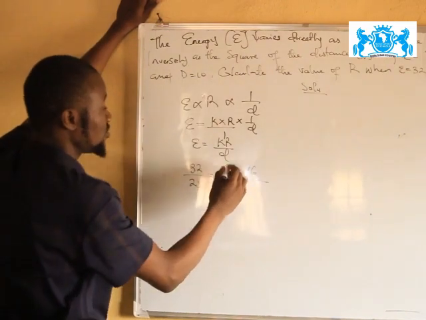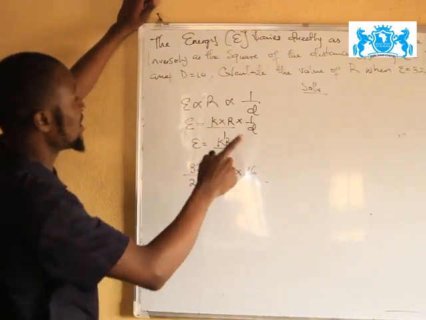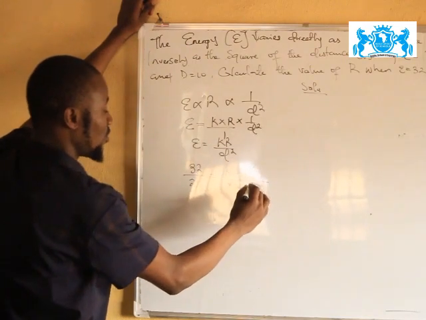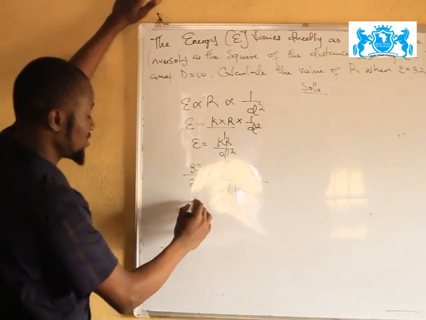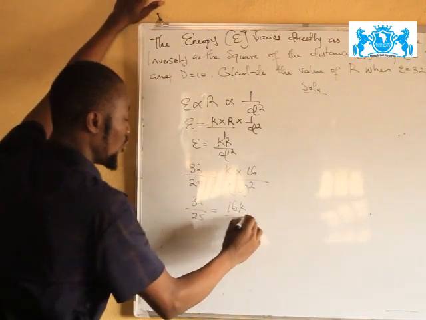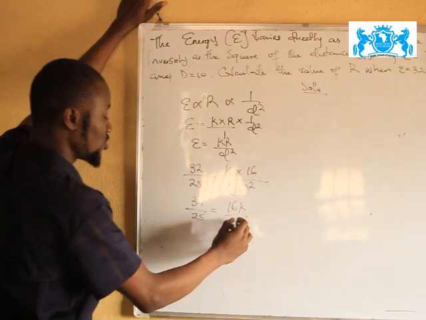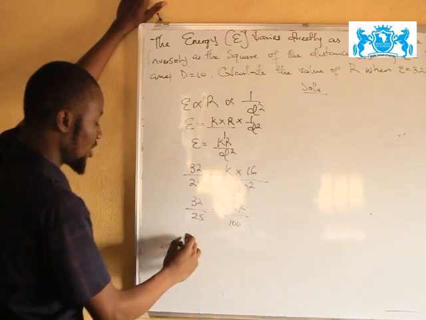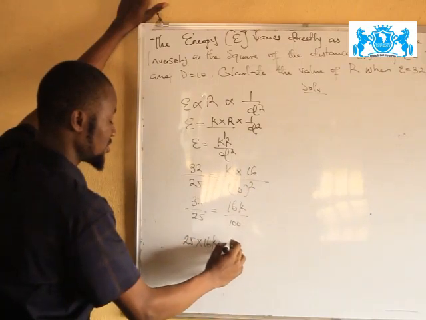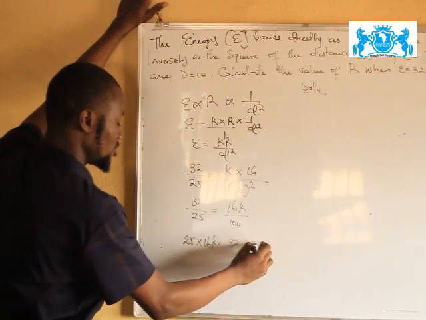Now the question says that if E is 32 over 25, when R is 16 and D is 10, it varies inversely as the square, so there's a square here, so 10 raised to the power of 2. So we have 32 over 25 is equals to 16K all over 10 raised to the power 2, which is 100. So when you cross multiply, you're having 25 times 16K is equals to 32 times 100.